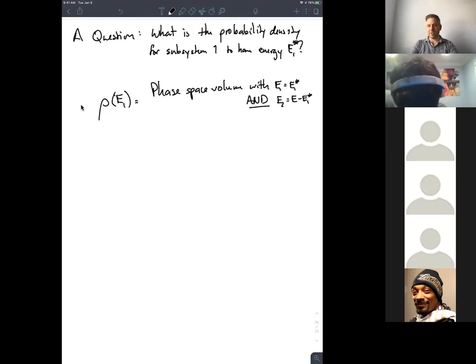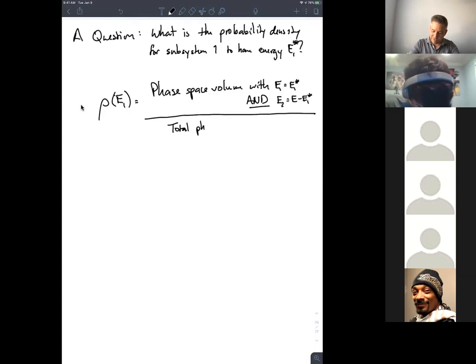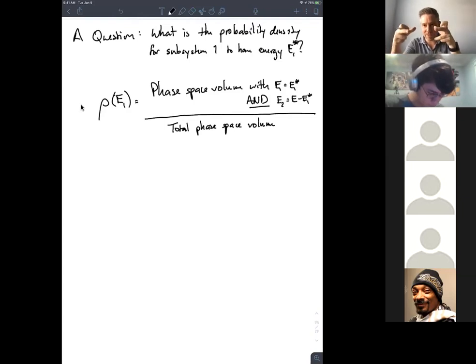Okay, so that's the numerator. And then we have to divide by the total phase space volume. So it's just exactly the same approach we took with the ideal gas last week. We just take the subset of the total phase space that has the specific values that we're interested in. That's proportional to the probability to find it in that state, simply because all states have the same probability. And then divide by the total phase space volume in order to normalize it, essentially.